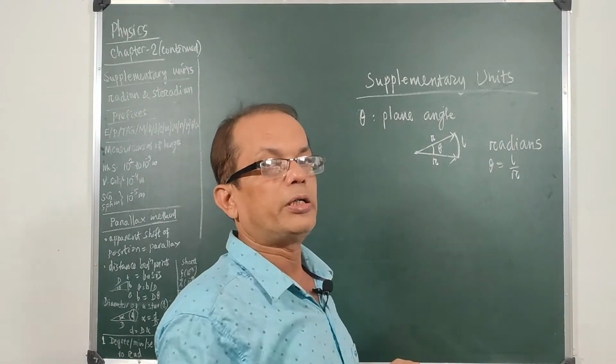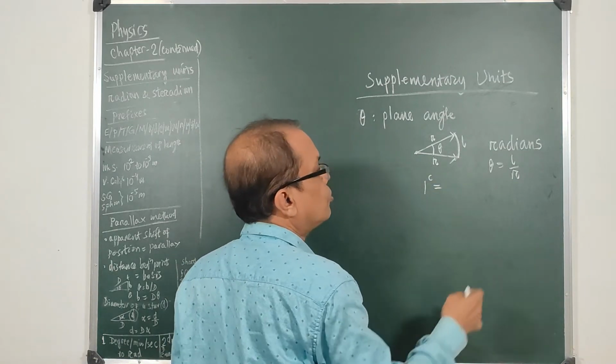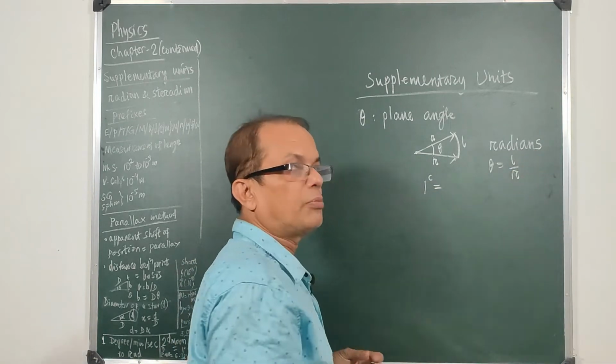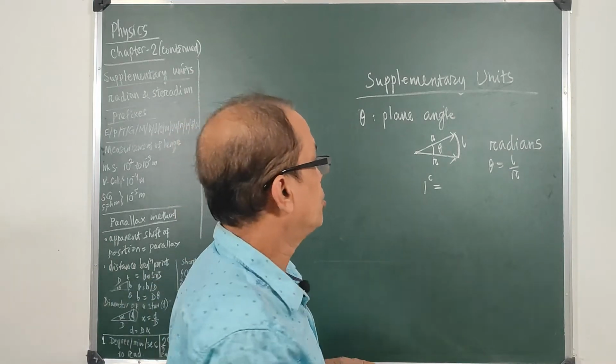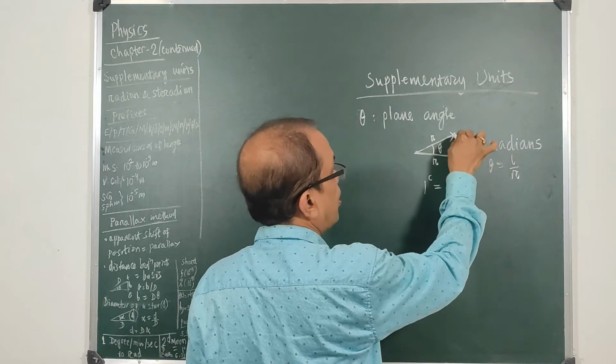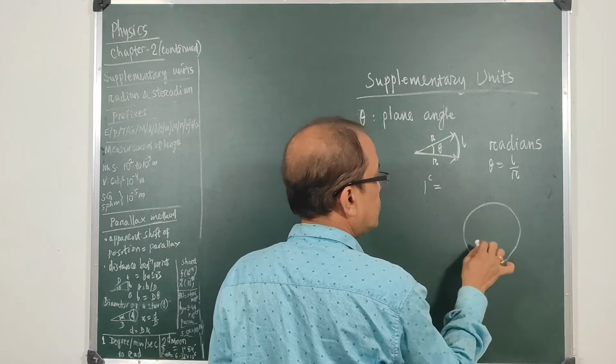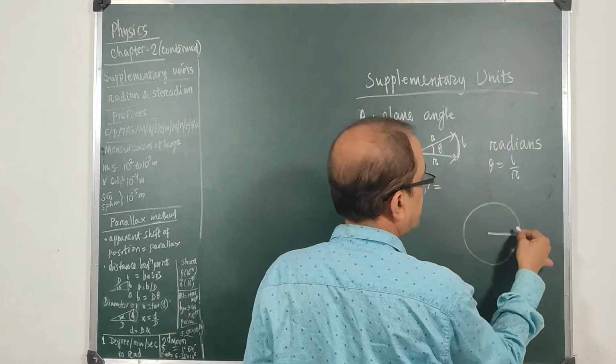So how can we find 1 radian? 1 radian will be found when both L and R have the same value, the same length. Suppose there is a circle and its radius is 10 centimeter.